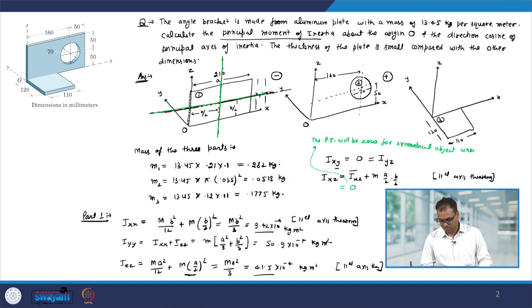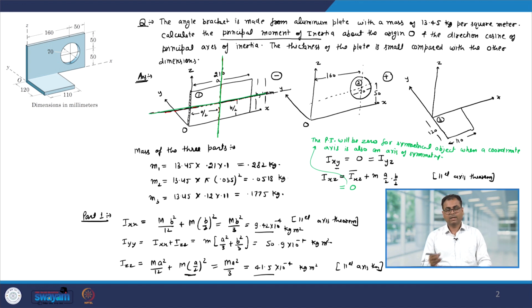when a coordinate axis is also an axis of symmetry. Okay.